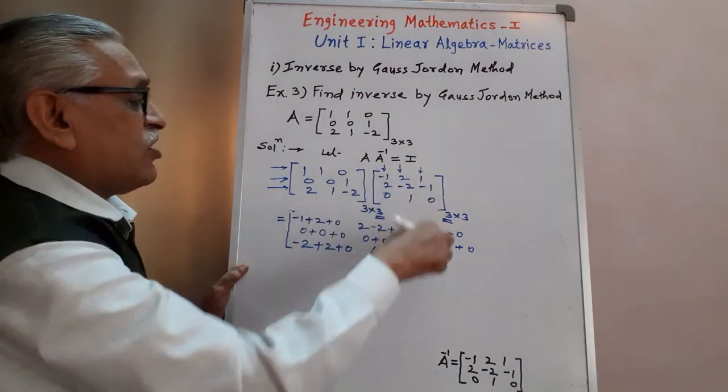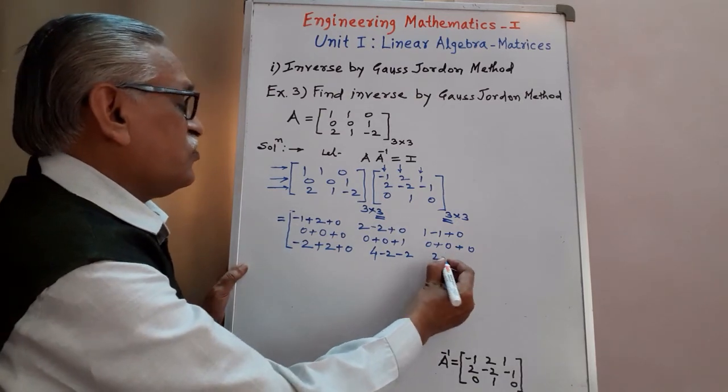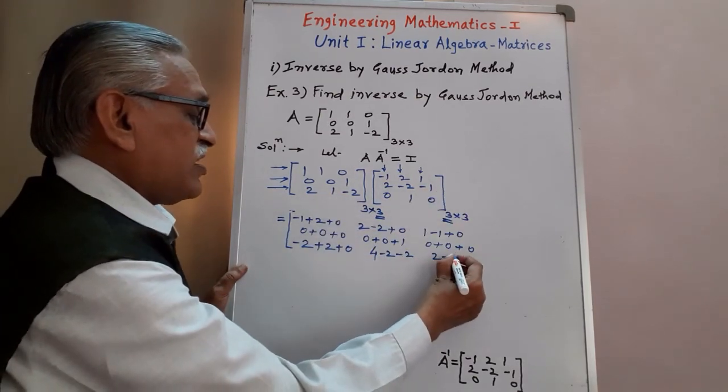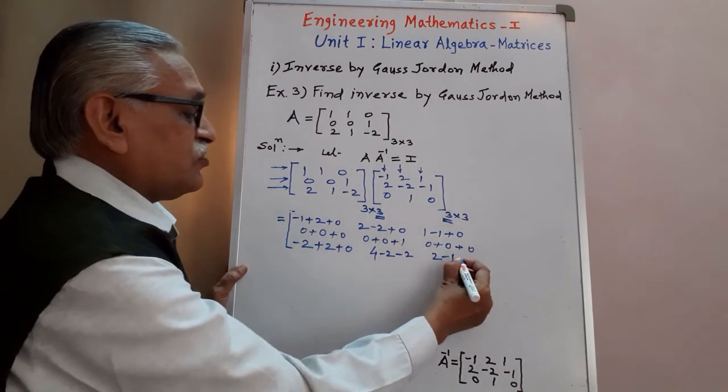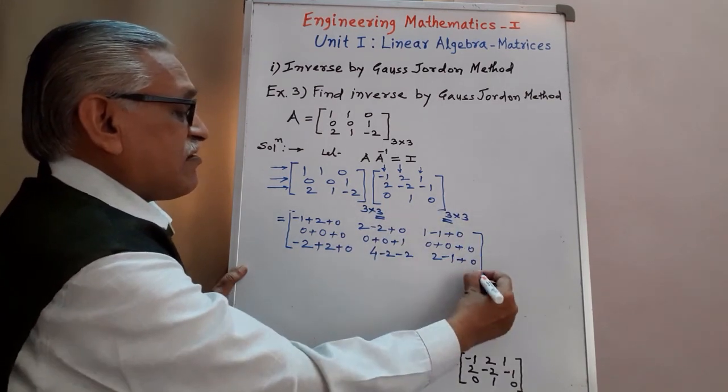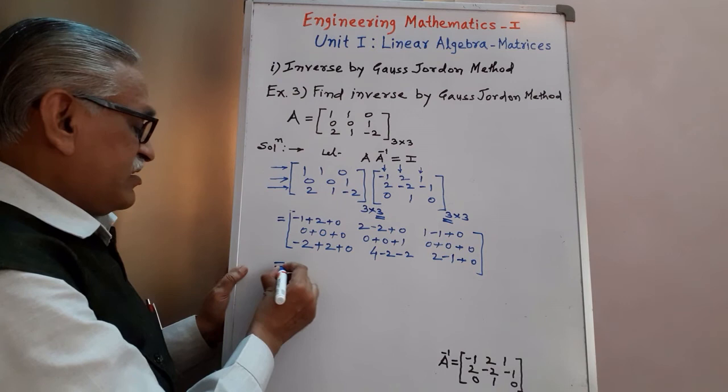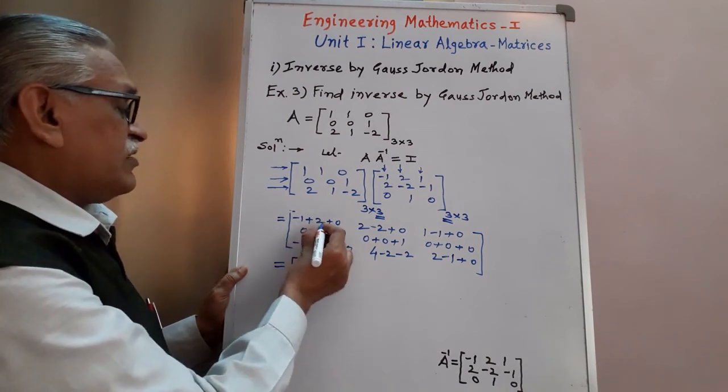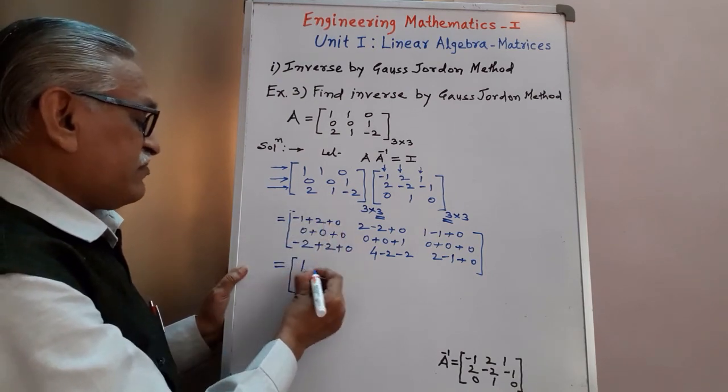Then by the third column: 2 into 1 is 2, minus 1, and 0, so we get 1.